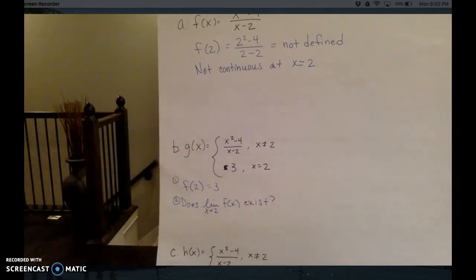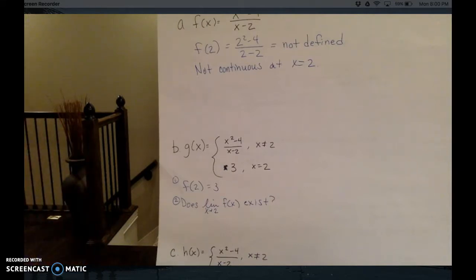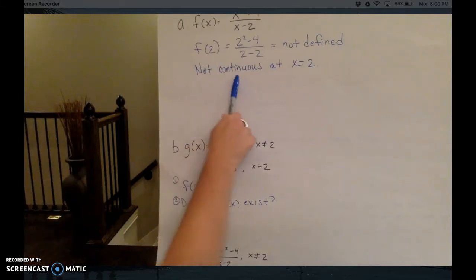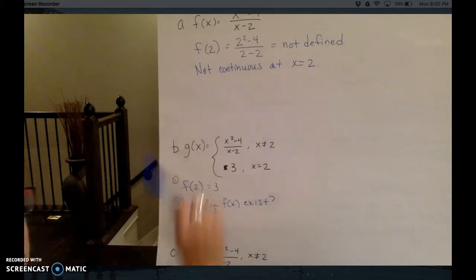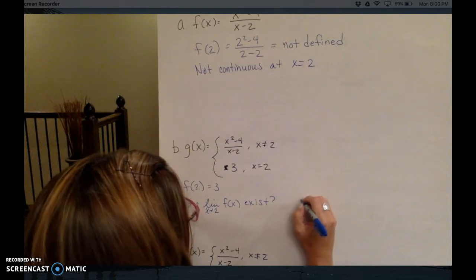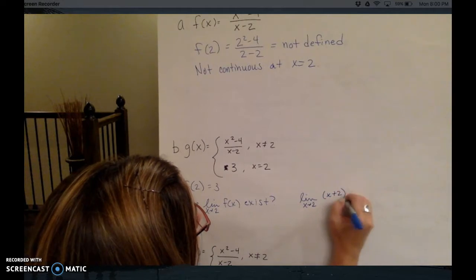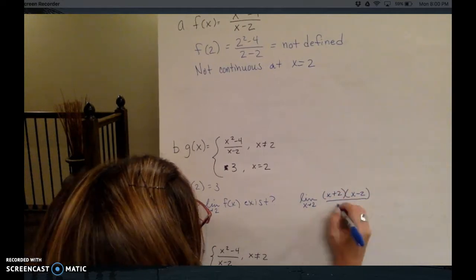We can think about that by using our normal limit procedures. Normally I would think up here, and we can see back at this problem, we would have gotten 0 over 0, which means when we're looking for a limit, do something else. That do something else generally means factor, right? So I might call this the limit as x approaches 2 of x plus 2 times x minus 2 divided by x minus 2.